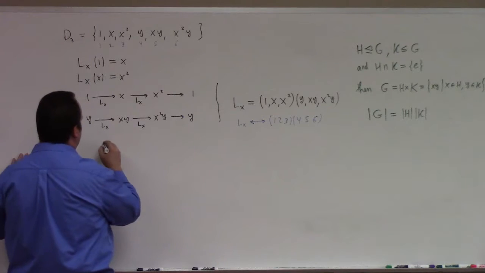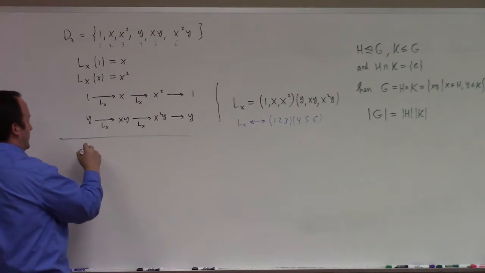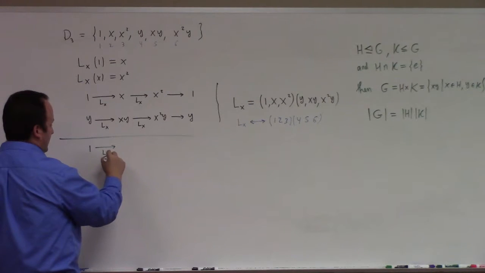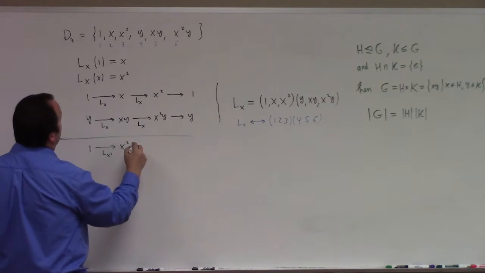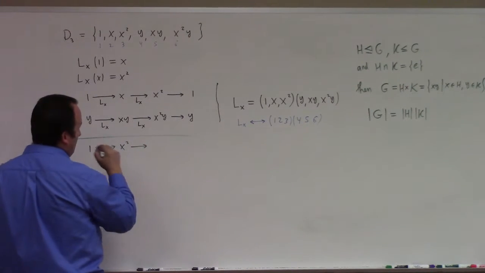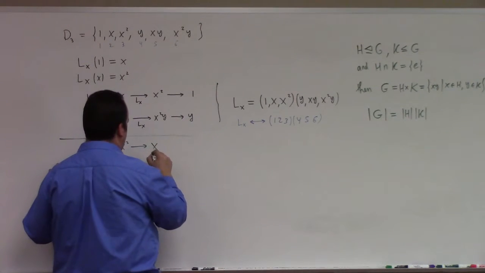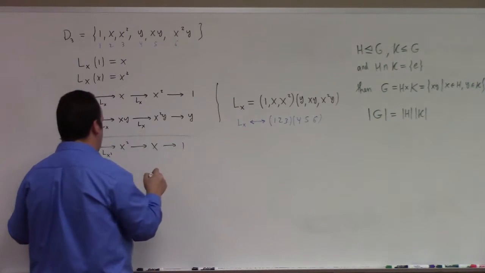What happens with the next thing in the story here? Lx squared goes to what? It goes to x squared, which then goes to x, which goes to 1, okay.